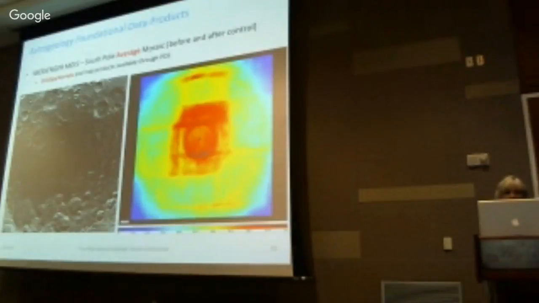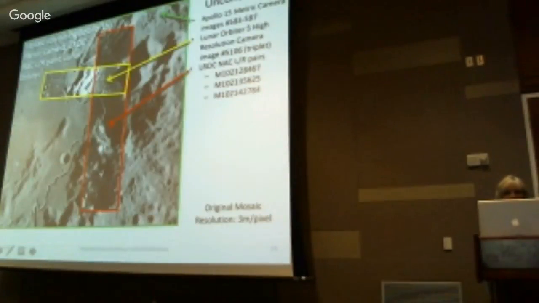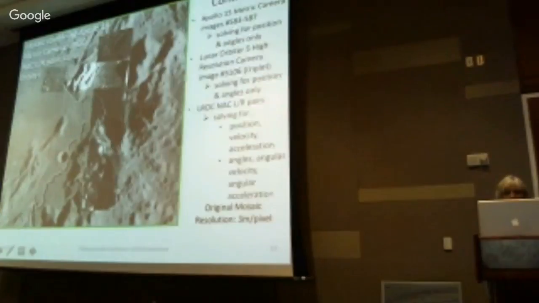A nice little picture of before and after the MDIS control with the DEM. The colorful image is showing the count of images; on average up to 160 images are averaged in this product towards the pole. Before and after. This is why we want to control our data.